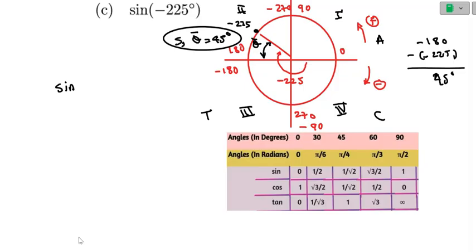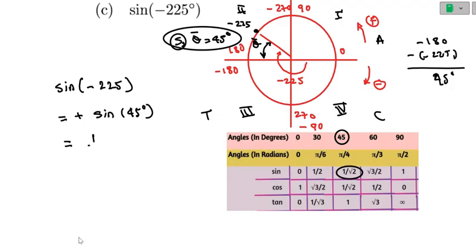So the sine of minus 225 is equal to positive sine of 45 degrees, since sine is positive in the second quadrant. Sine of 45 degrees is 1 over radical 2, and if you rationalize it, it's radical 2 over 2. And this should be your final answer.